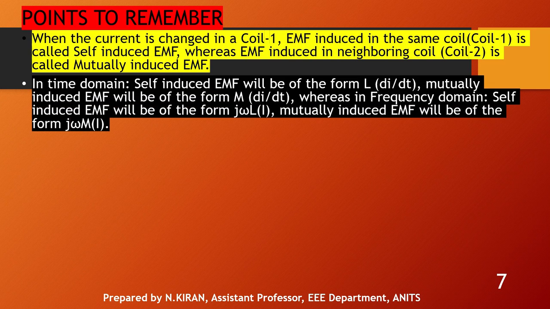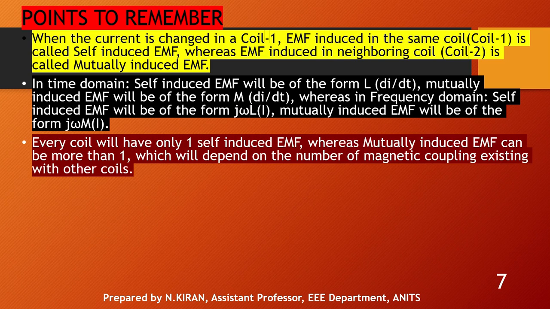In the time domain, the self-induced EMF will be of the form L di/dt, and mutually induced EMF will be of the form M di/dt. Whereas in the frequency domain, self-induced EMF will be of the form j omega L into I, whereas mutually induced EMF will be of the form j omega M into I.